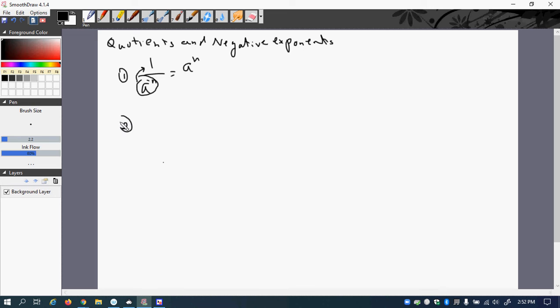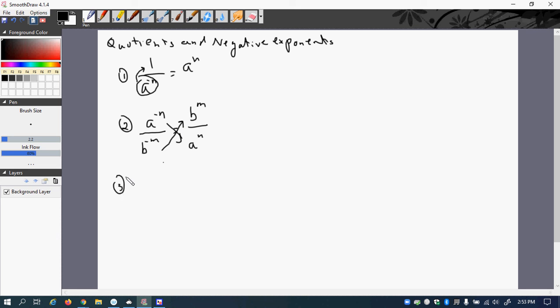The second rule is if you have a to the negative n all over b to the, let's say, negative m, then we would move this exponent base to the numerator and this base negative exponent to the denominator. So that would be b to the m over a to the n. So this goes here and this goes here.